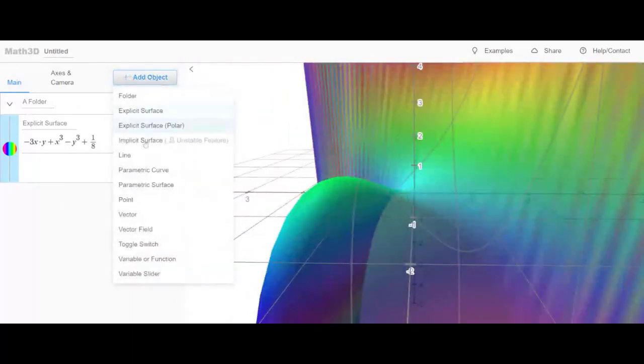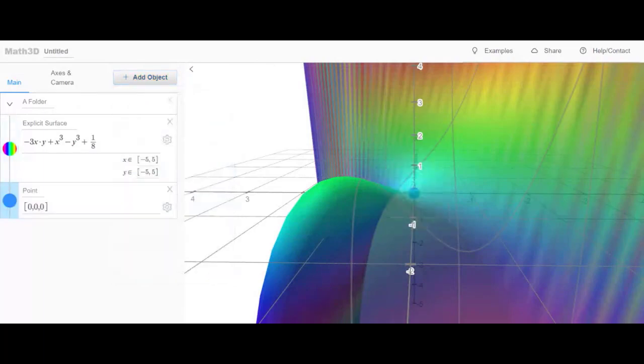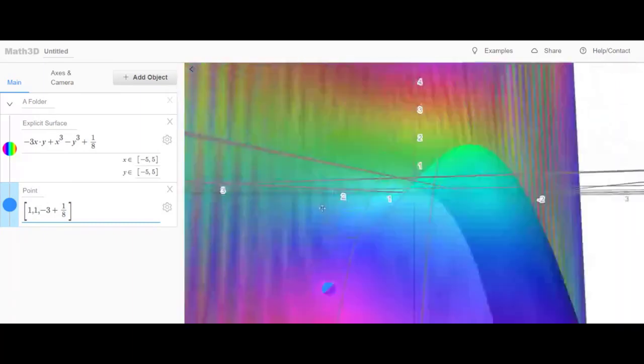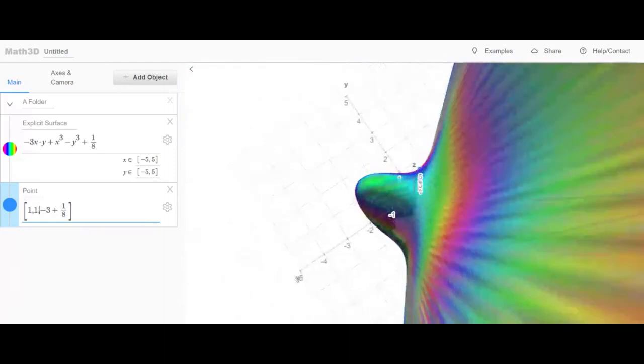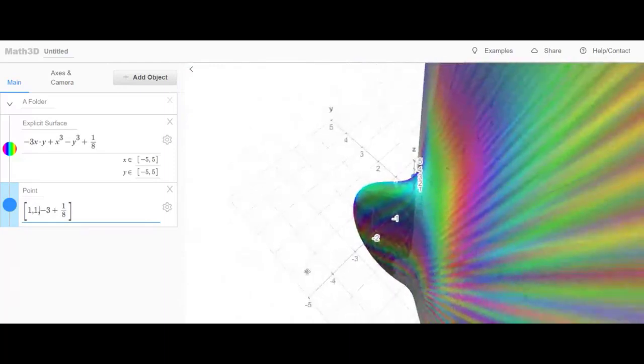So we can add a point 1, 1. Oh. Well, I think I messed this up, actually.